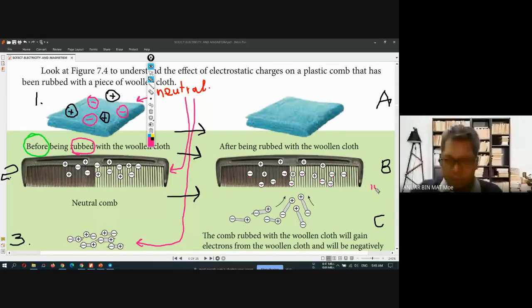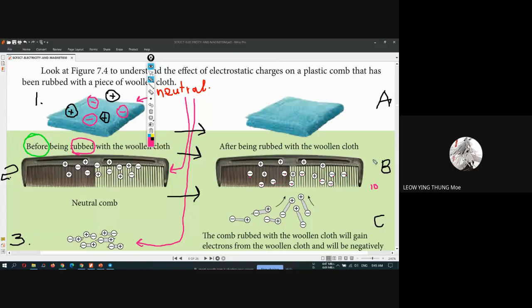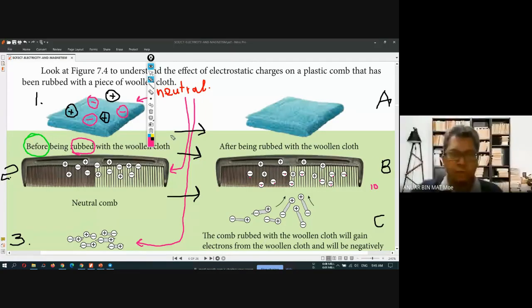And then positive? 7. Okay, very good. So the comb becomes a positively charged or negatively charged object? Negative. It will become a negatively charged object.